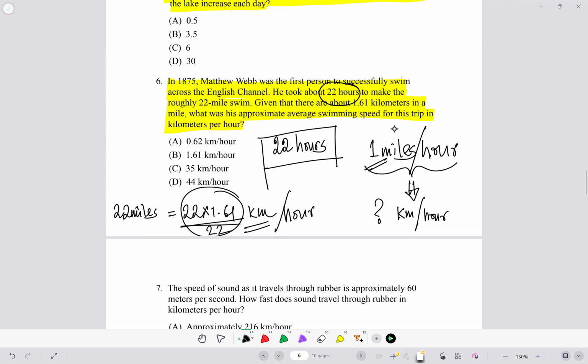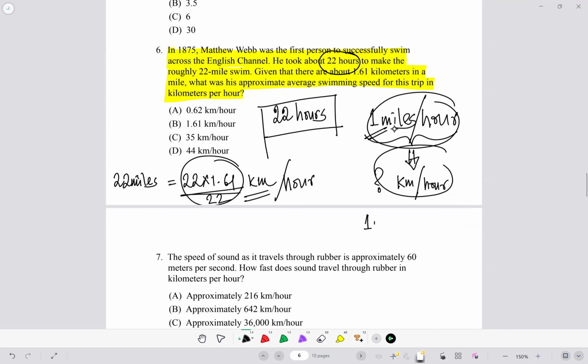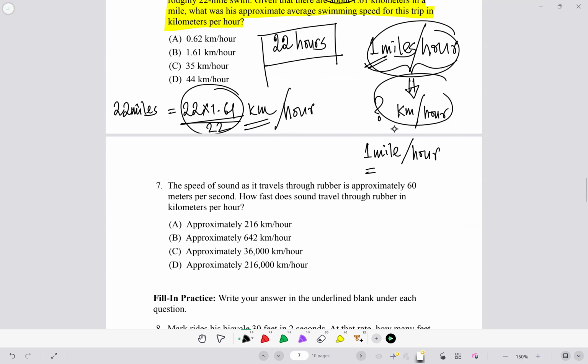Or you can just convert this 1 mile per hour into kilometer per hour. So 1 mile per hour is just like 1 mile divided by 1 hour.